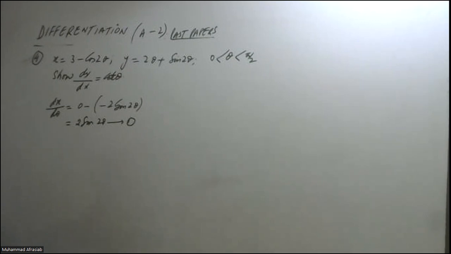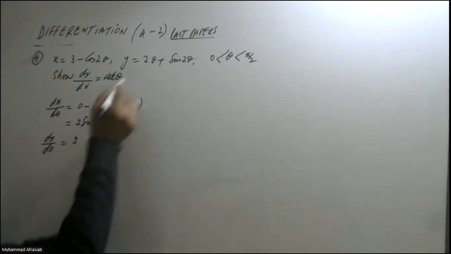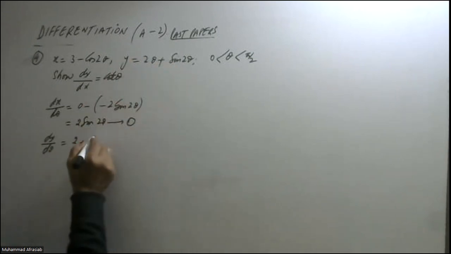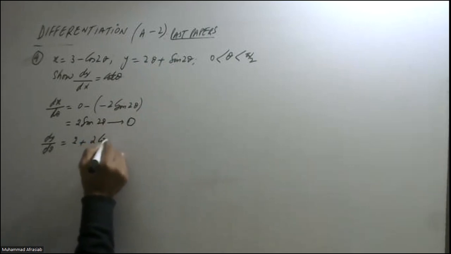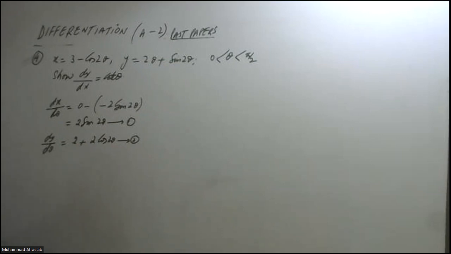Then for the second expression, y is equal to 2θ plus sin 2θ, so dy/dθ is equal to the derivative of 2θ, which is 2, plus the derivative of sin 2θ, which is 2 cos 2θ, and that is expression number 2. Now you will divide equation number 2 by 1.